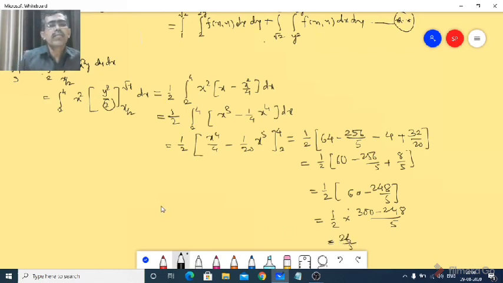So the answer is therefore the integral of f over S is 26 by 5.